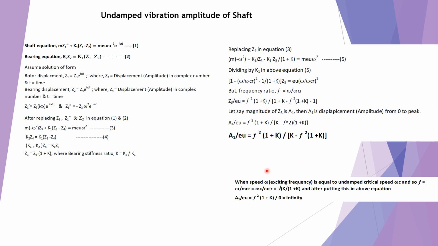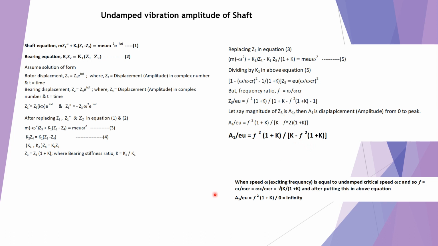This is the expression for shaft amplitude, where k is k2 upon k1, and f is equal to omega upon omega cr.